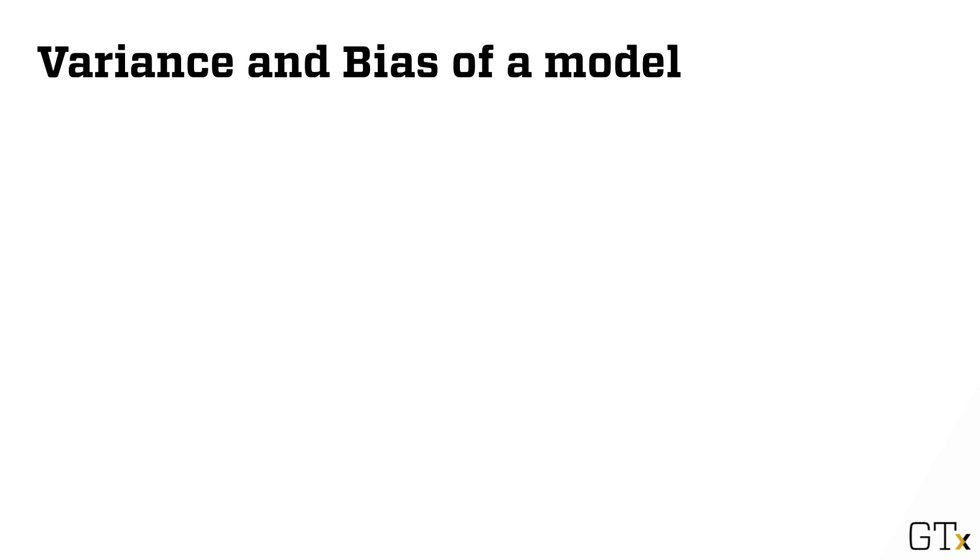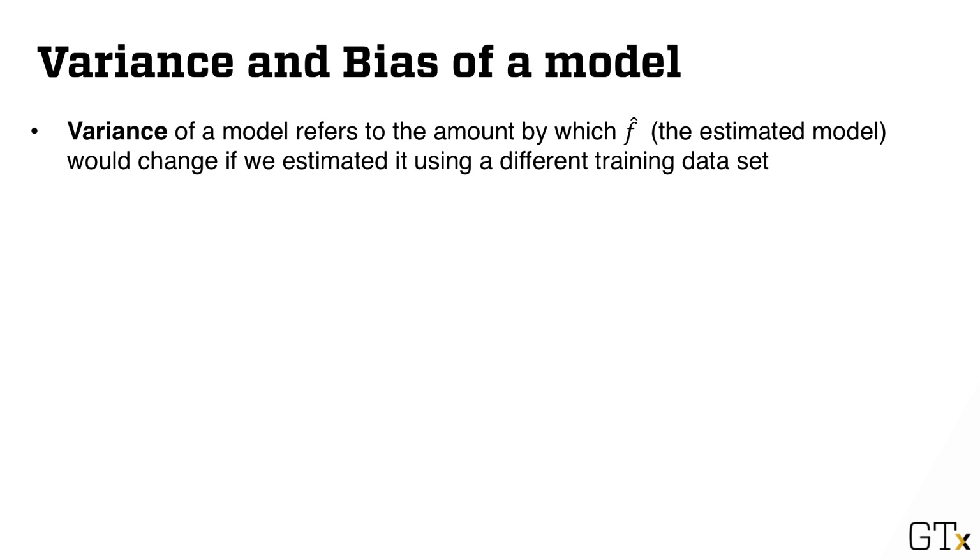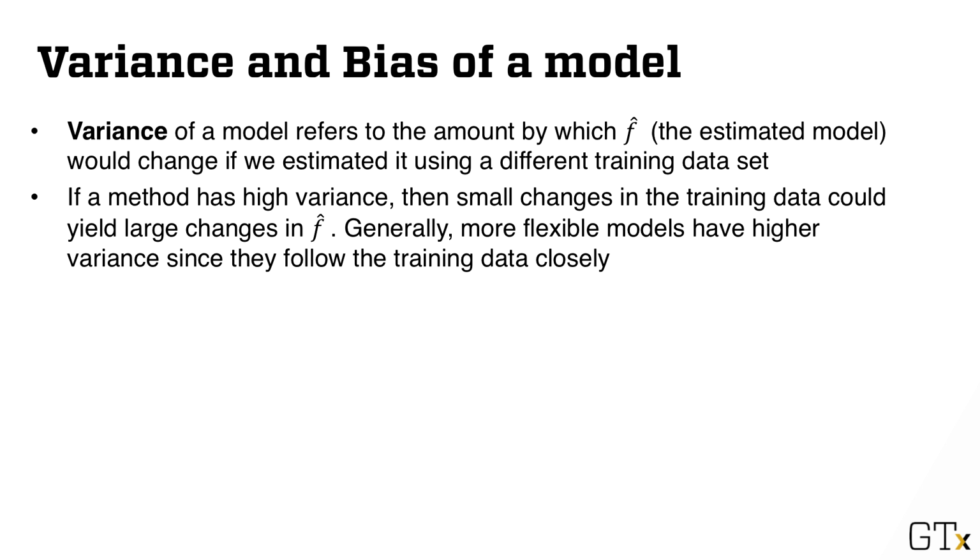There are other terms that we are interested in this context. We are going to talk about variance and bias as it pertains to a model in the context of predictions. Variance of a model refers to the amount by which the estimated model would change if we estimated it using a different set of observations in the training data. If a method has high variance, then small changes in the training data would yield large changes in the model or in the parameters of the model.